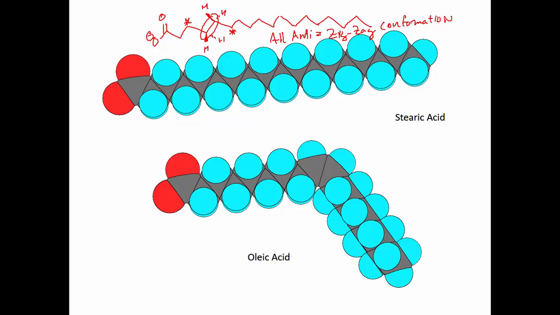Okay, but in oleic acid, the double bond being right here, this is our cis-alkene group, introduces a kink in the chain that makes it difficult to stack. And oleic acid only has one alkene group.